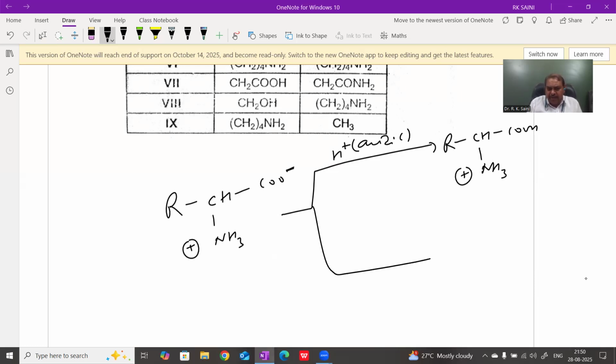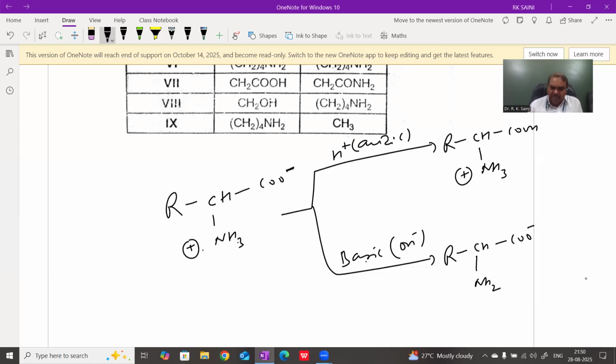In case of basic medium, H plus ion is donated by the ammonium ion and the amino acid exists in the form of an anion. The amino acid exists in the form of an anion in basic medium.